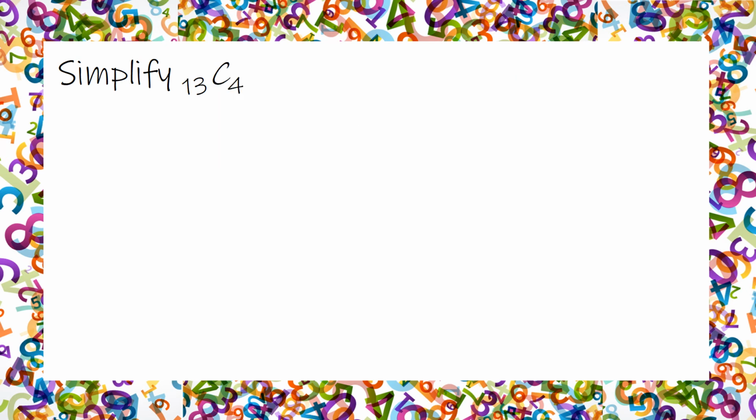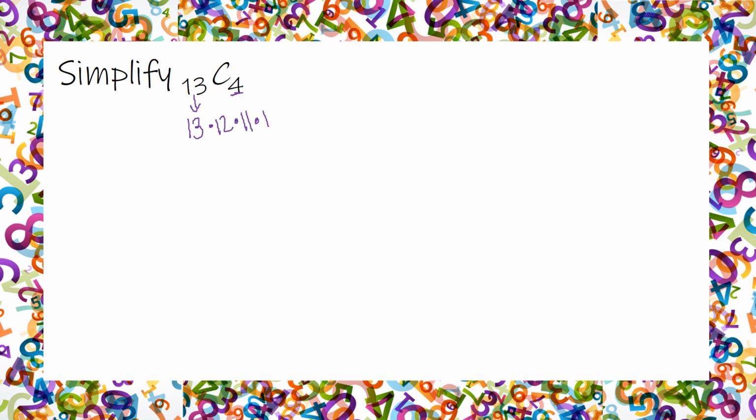Now combinations are very similar to permutations with one added step. So you're going to bring down that number in the N position, which is 13, and you're going to count down however many numbers are in the R position. So I'm going to count down 4.